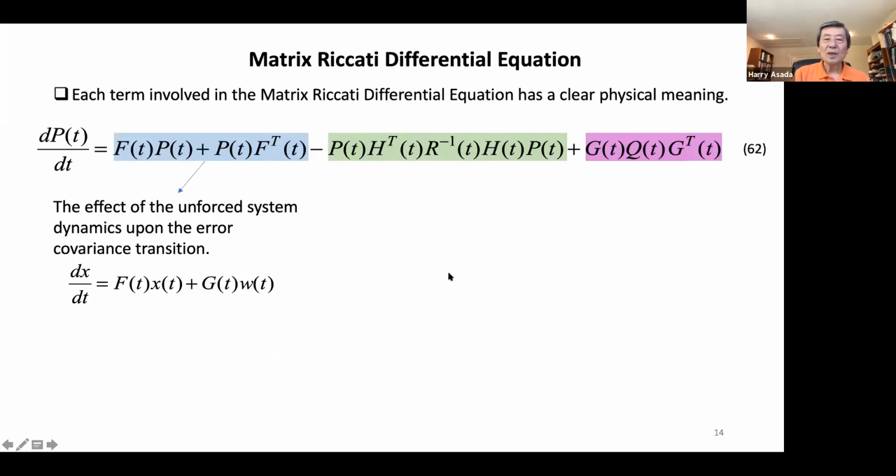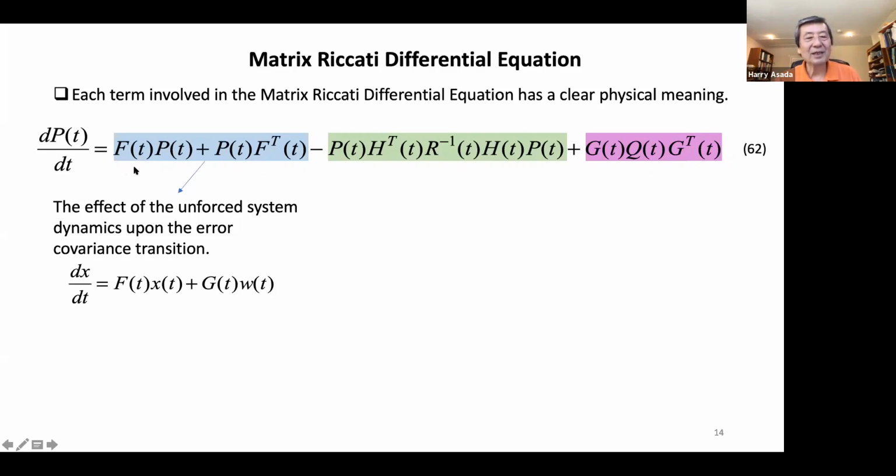Now, this Riccati differential equation has a very clear physical sense. So let's examine that. It consists of 3 lengthy terms, right? So dP/dt, first group, basically FT PT plus PT F transpose. This one, and F is involved.